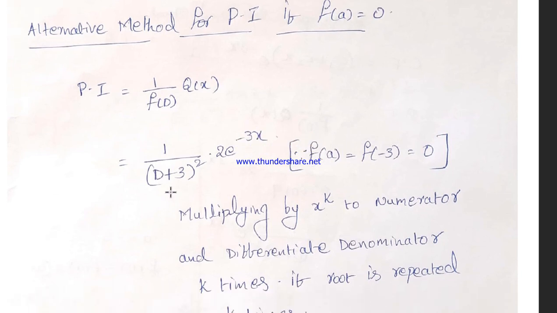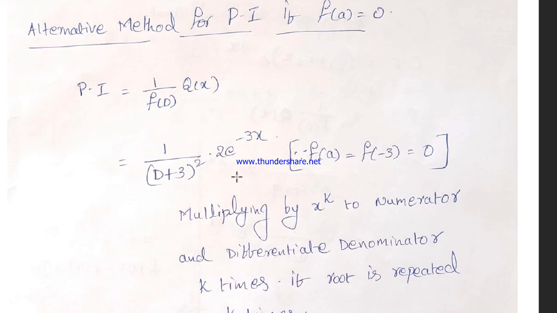So here D plus 3 is repeated 2 times, that D plus 3 is with the root minus 3. So you can differentiate 2 times. Simply you can multiply the numerator with x square because k value is 2, and differentiate the denominator 2 times.